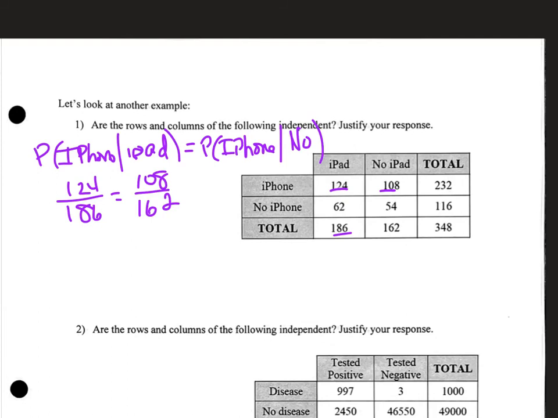If you reduce these or put them in your calculator, both of these are 2 over 3. So they are independent.